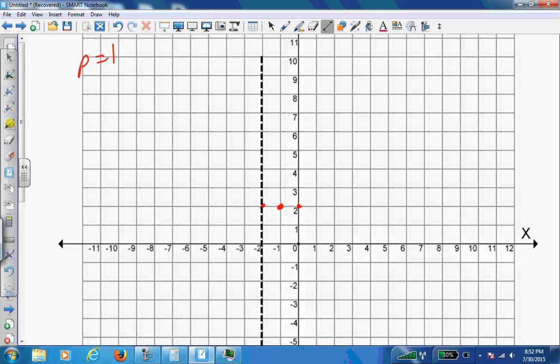So we have our directrix there. We can get other points if we want to. Let's just think about, if we were here, if I go 2 units that way, I need to be 2 units that way from the focus. So we would have another point there.